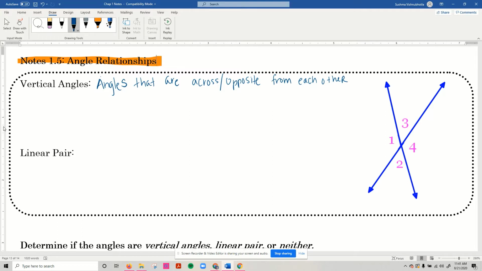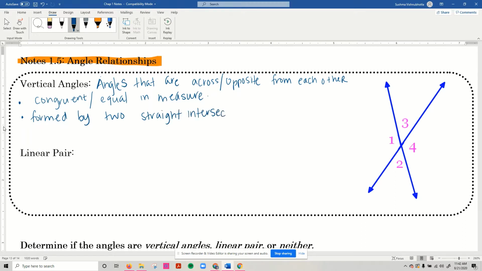Vertical angles are also congruent. Congruent, equal in measure. So, and again, they're formed by two straight intersecting lines.